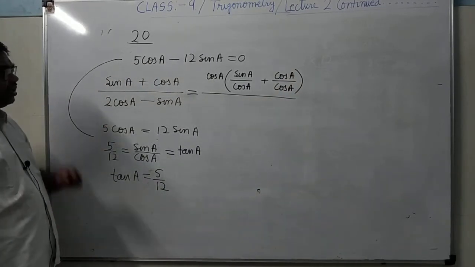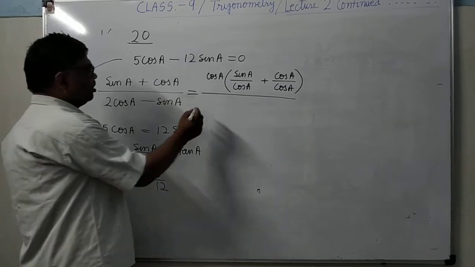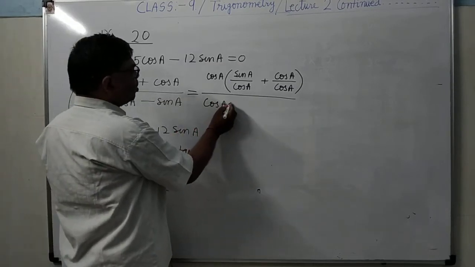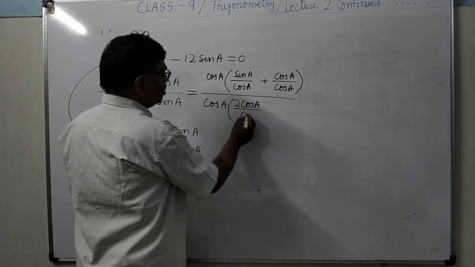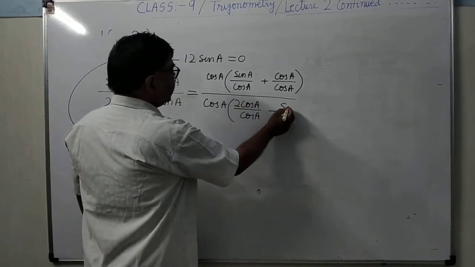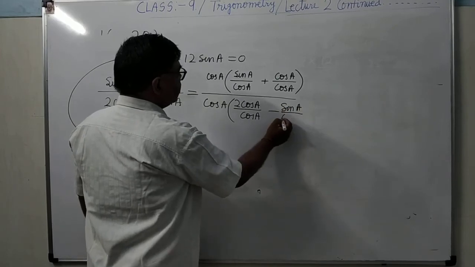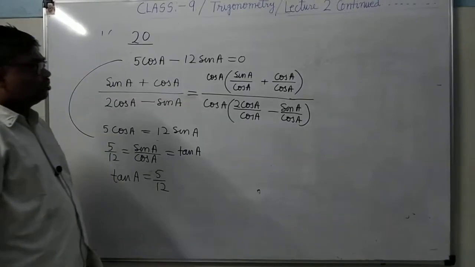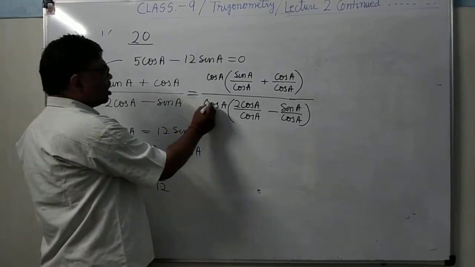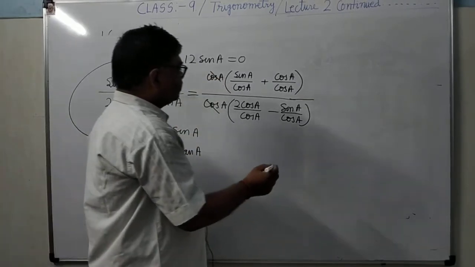Then in the denominator also you take out cos A common: 2 cos A upon cos A minus sin A upon cos A. So you can see here cos A and cos A will be cancelled.